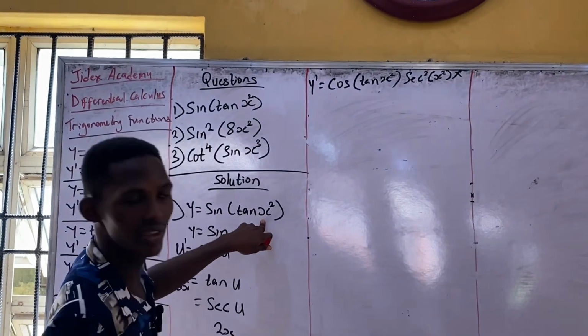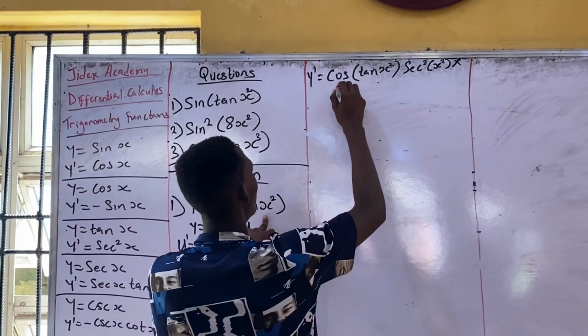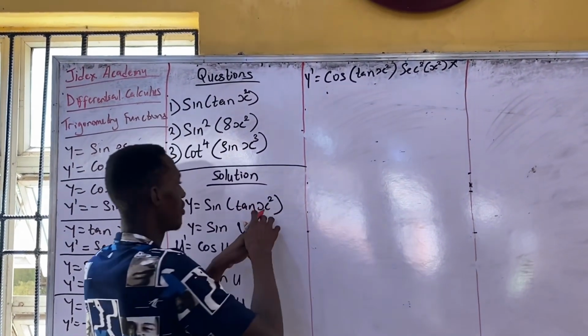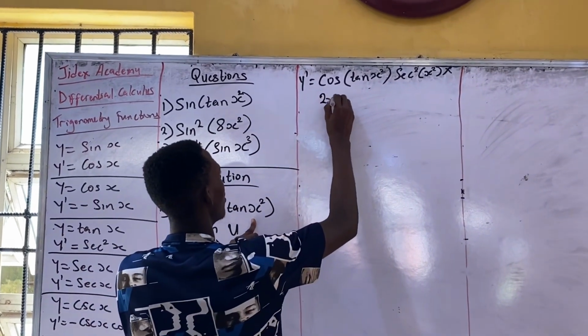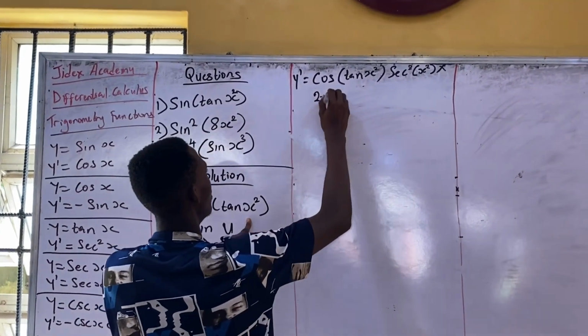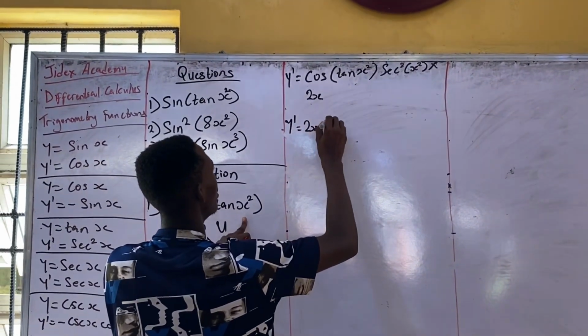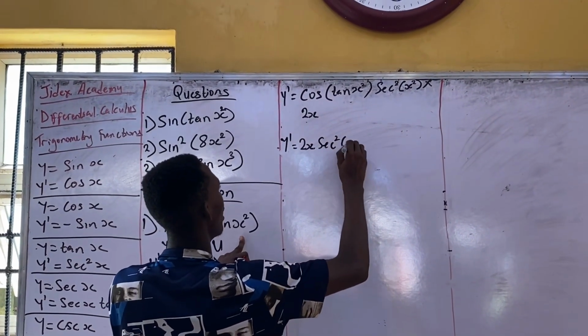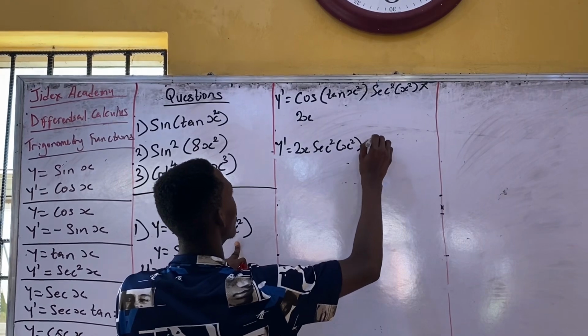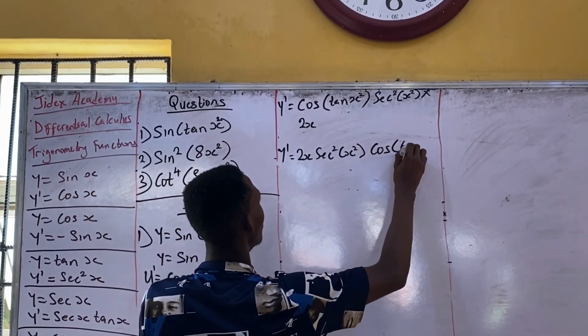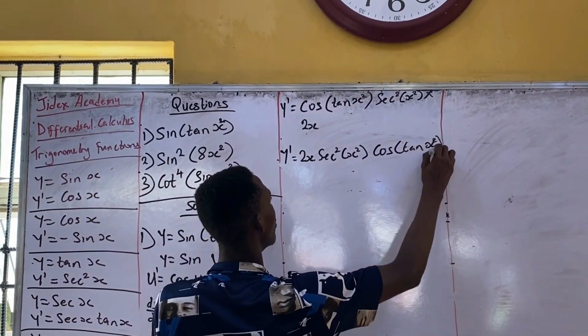Then we can now find the derivative of x square, which will give us 2x. Then we can now rewrite it by saying 2x sec square open bracket x square, cos tan x square.